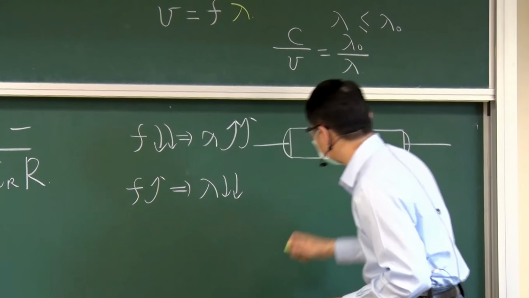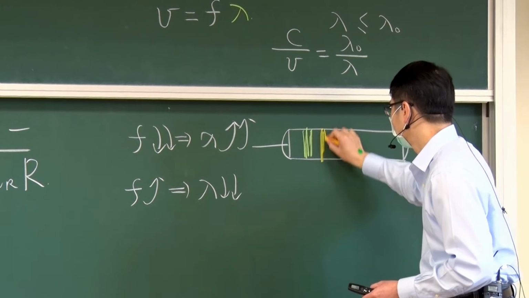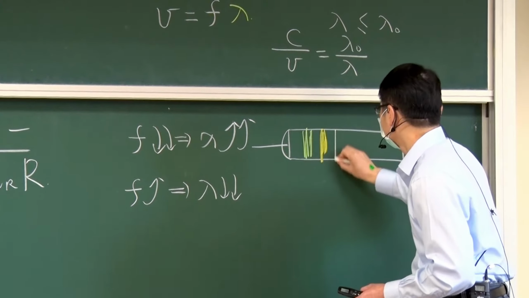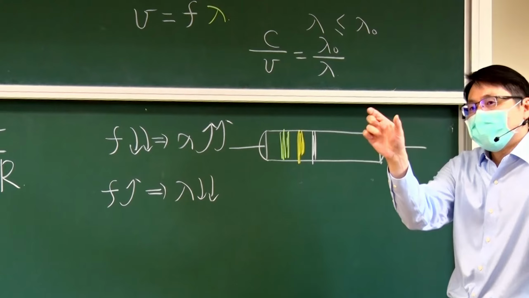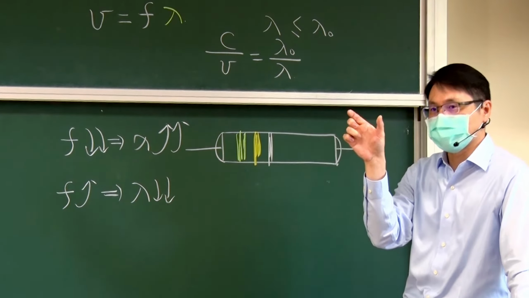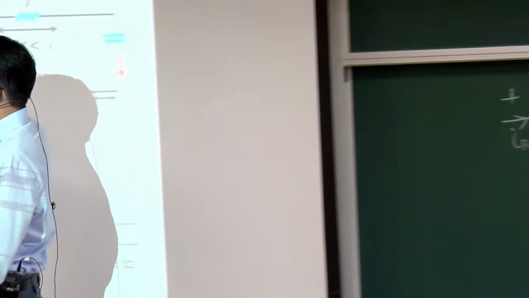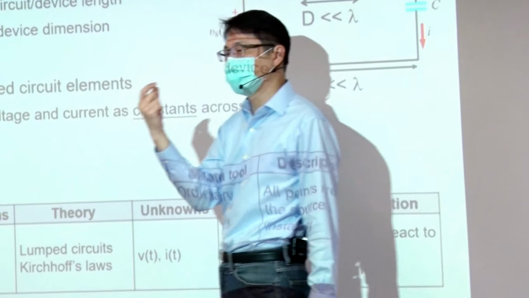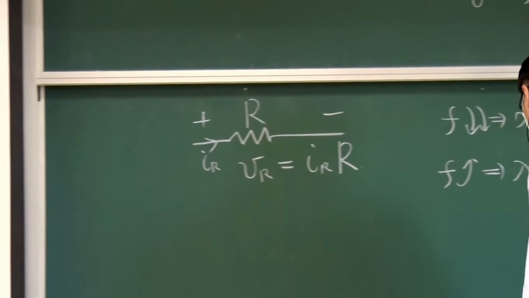Usually for resistors, you have some kind of color coding. When you buy a resistor, you have a certain given physical dimension, and that physical dimension is listed here, D. It's probably 1 centimeter long.